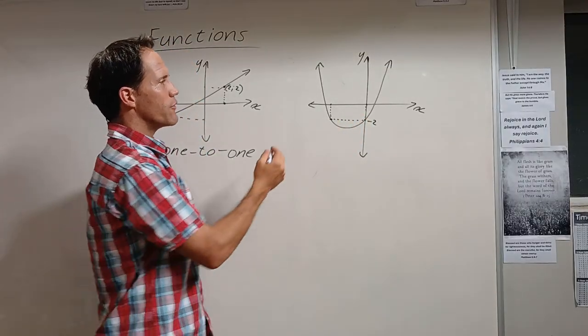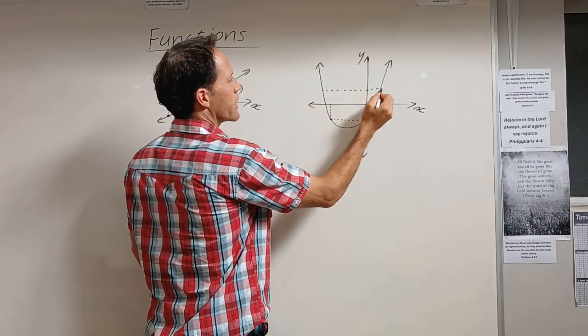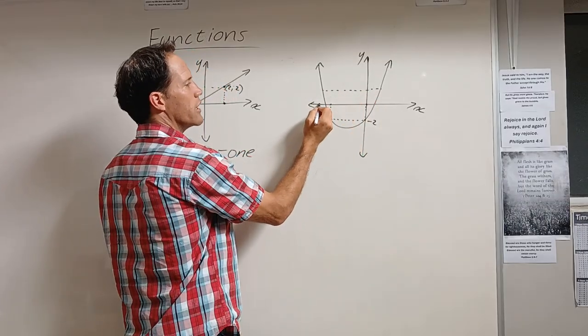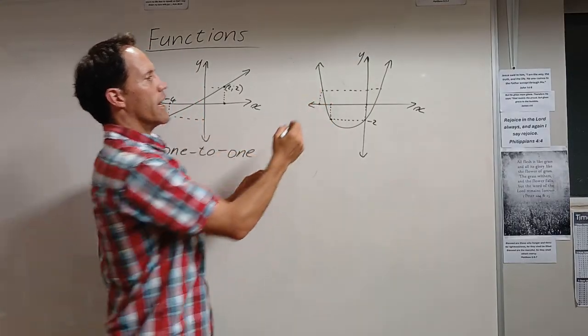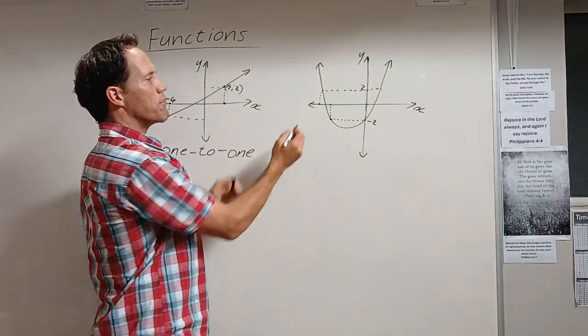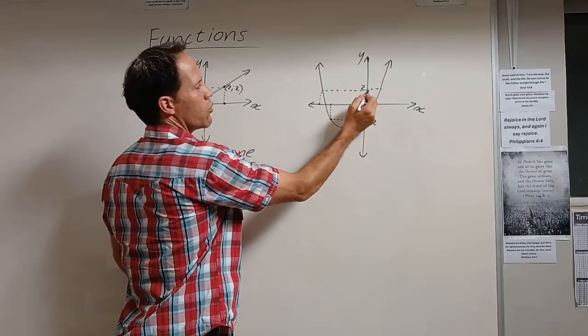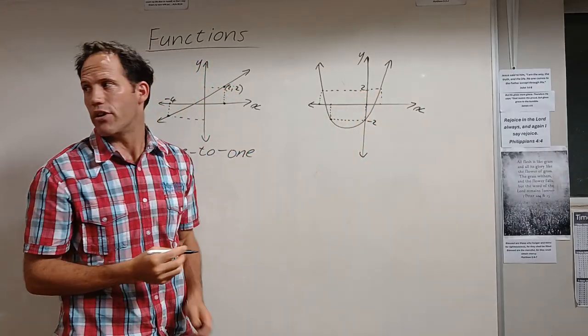Okay, we can take it even wider. Let's say we go over here, and I take the x value over there. When I substitute this x value, I get the y value out. Let's say it's +2 this time. But when I put this x value in, I get the same y value out.